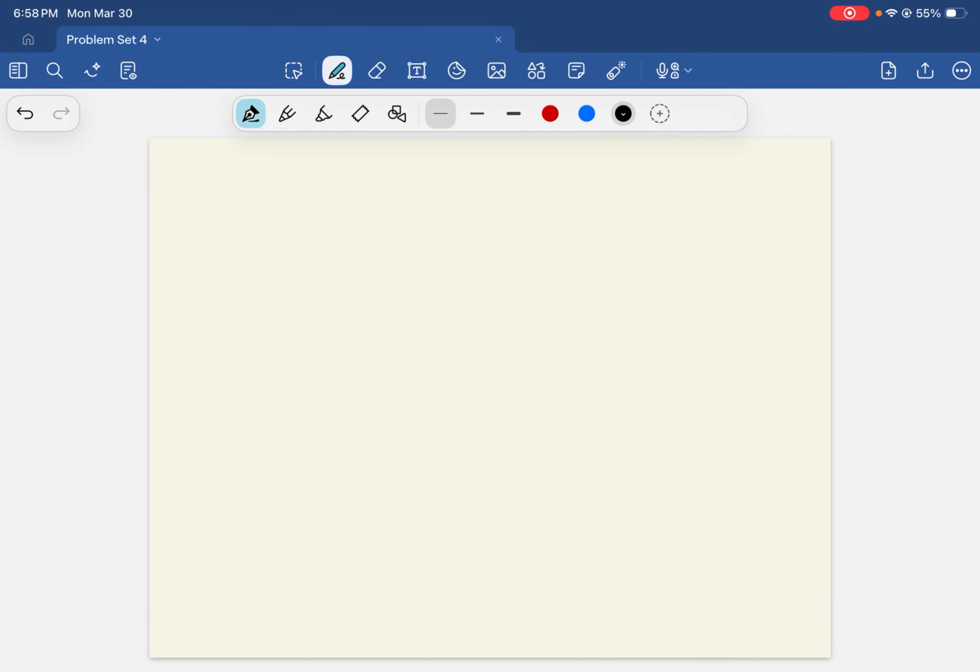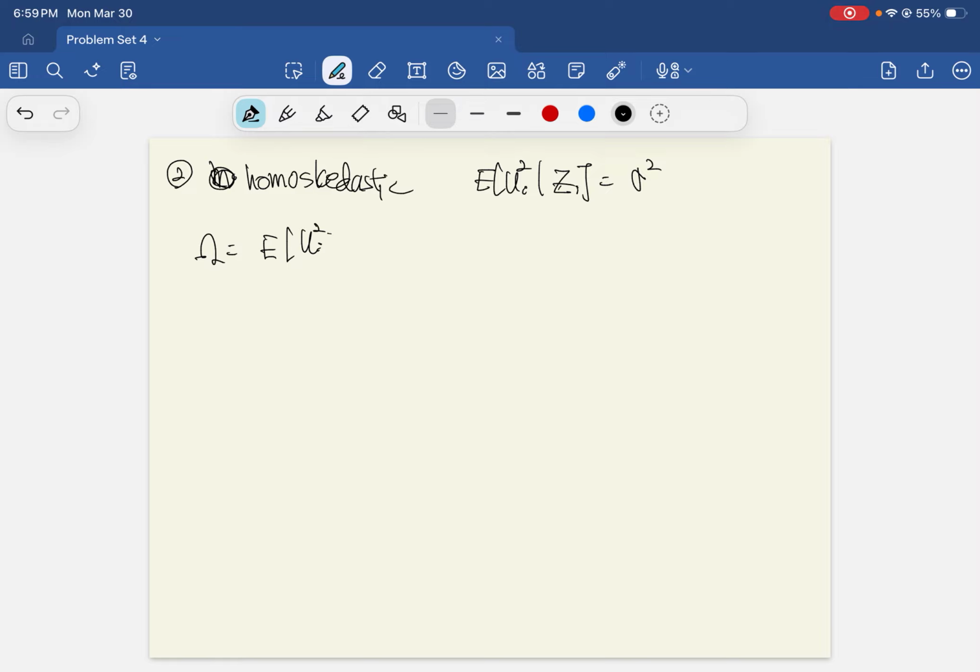Now, as a side note, I will think about the homoscedastic case where the expectation of ui squared given zi is sigma squared. In this case, remember, omega was the expectation of ui squared zi zi transpose.